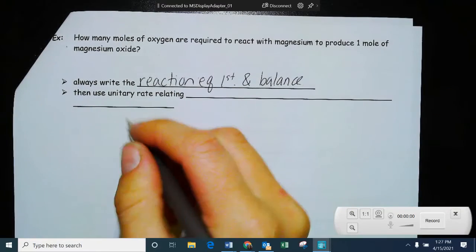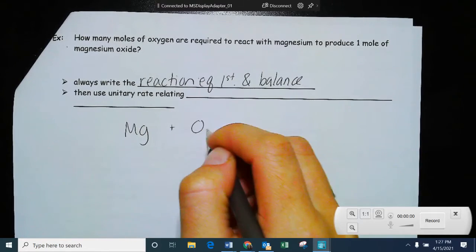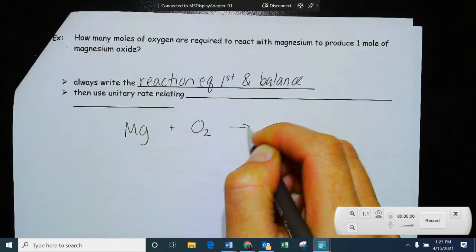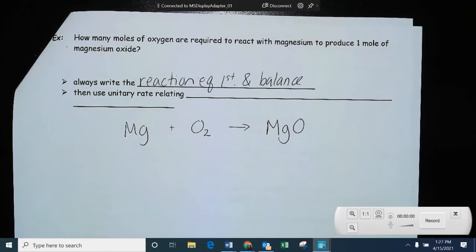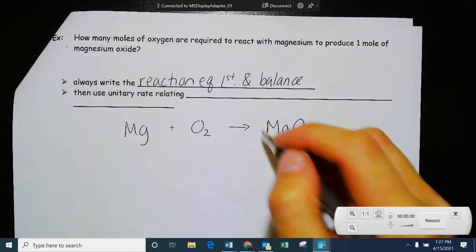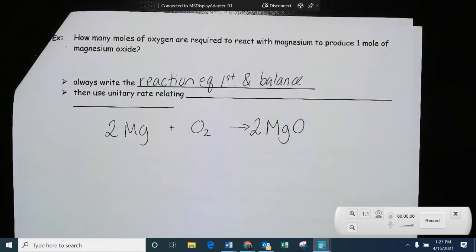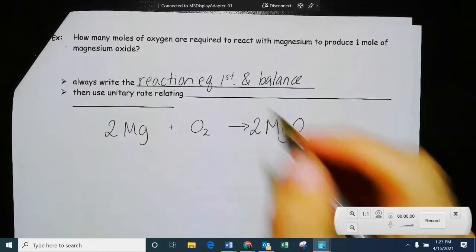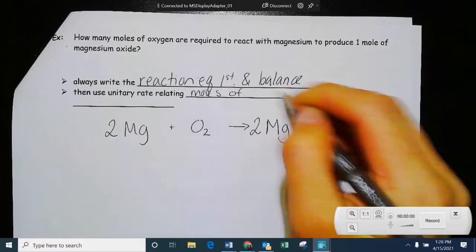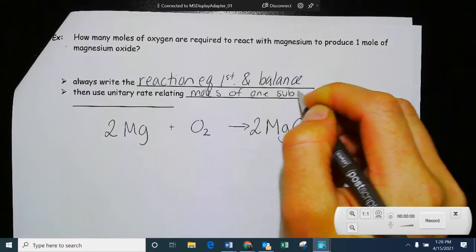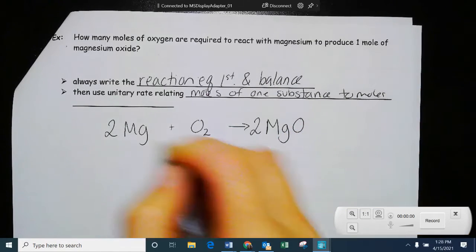Magnesium, oxygen, magnesium oxide, which is just MgO. If we balance that, we're going to need to throw a 2 there and a 2 there. Okay, so step 1, done. Step 2, use unitary rates relating moles of one substance to moles of another.